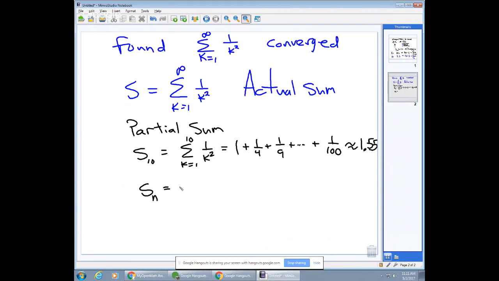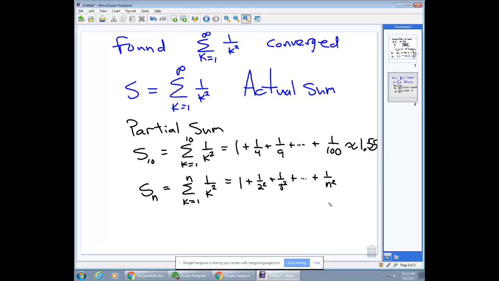So my sum would be k equals 1 to n of 1 over k squared, which just like above is 1 plus 1 over 2 squared plus 1 over 3 squared, all the way up to 1 over n squared. Now, anytime we stop, we're missing out on that infinitely long tail.